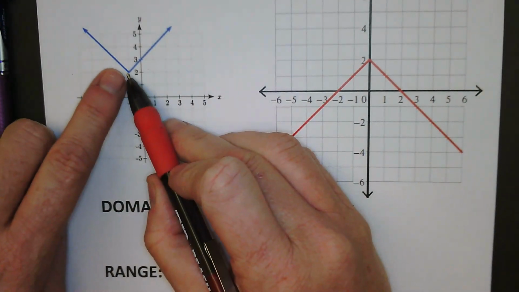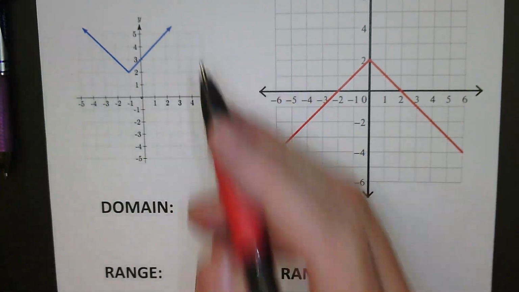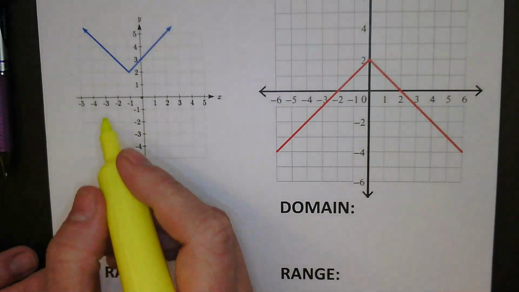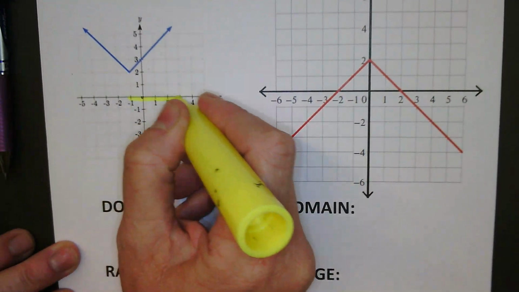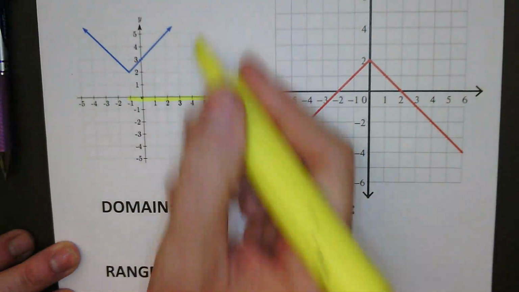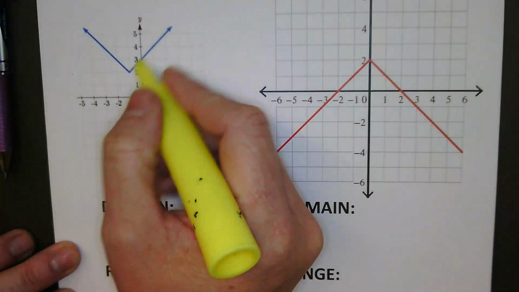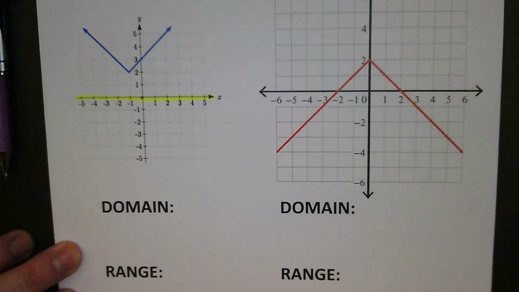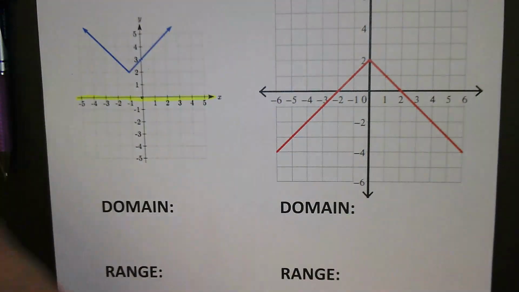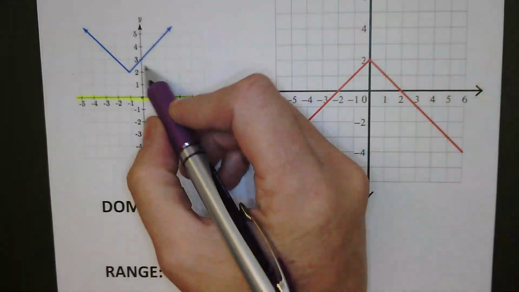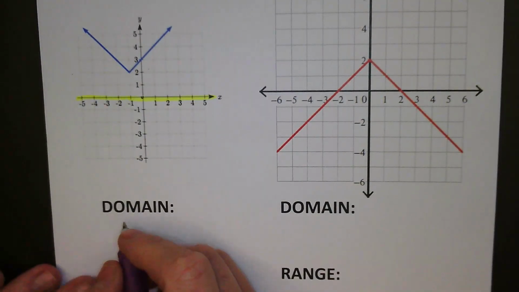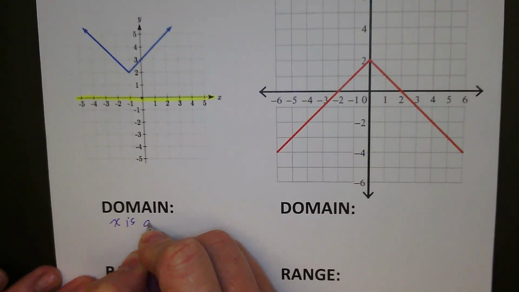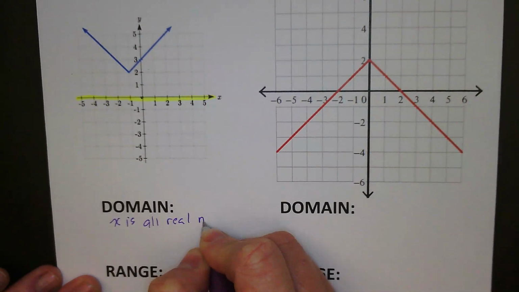But the lines are still going forever from the vertex left and right, which means as this thing grows this way, it's going to hit all these values of x. It's going to do the same thing going this way. There will never be a portion of the x-axis that isn't represented on a coordinate here. So the domain is going to be x is all real numbers.